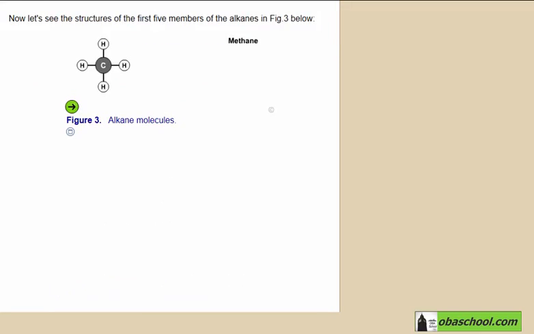Let's now examine the structures of the first 5 members of the alkanes. This is methane, CH4. The next alkane has 2 carbon atoms and it's ethane, C2H6. So we have 2 carbon atoms which are bonded to 6 hydrogen atoms. The third alkane has 1 more carbon atom and it's propane, C3H8.